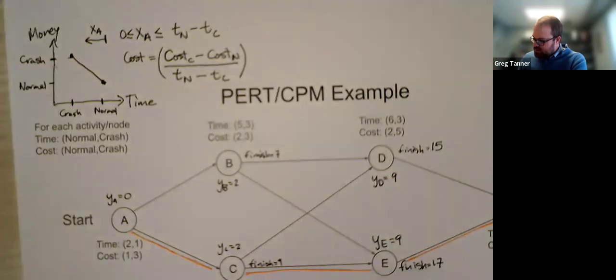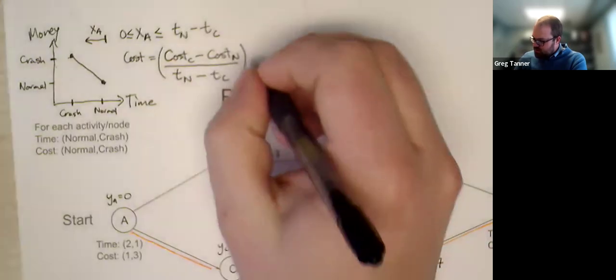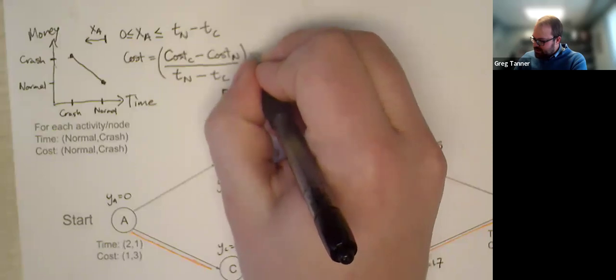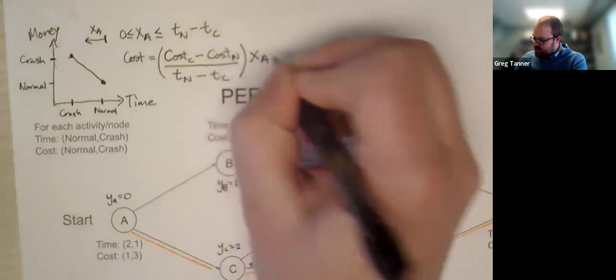Then we multiply that by the amount that we crash.